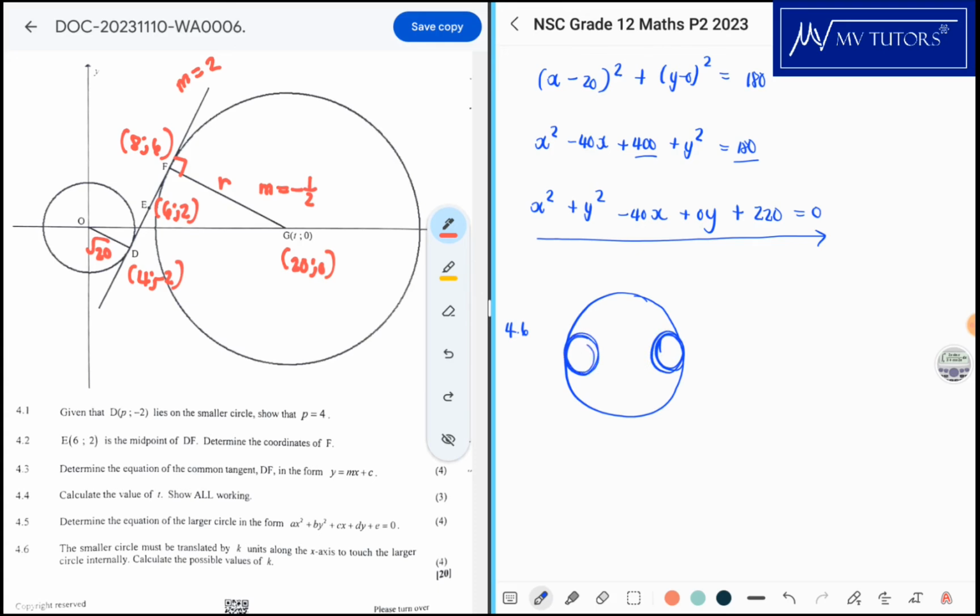All right. Now calculate the possible values of k. Remember, this circle was here before, and now it would be shifting there. So they want to know what that value is. That would be k. Okay, that's why it says possible values of k.